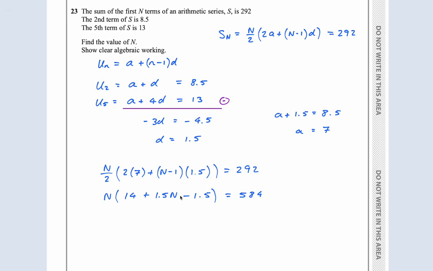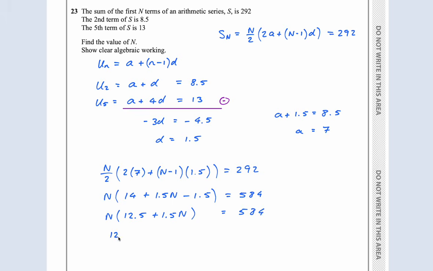Okay, now I'm going to have a quadratic here, guys. So n times 14 minus 1.5 is 12.5. And this 12.5, sorry, keep the bracket open, plus 1.5n equals 584.